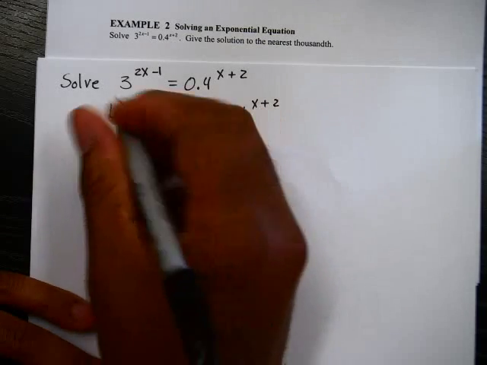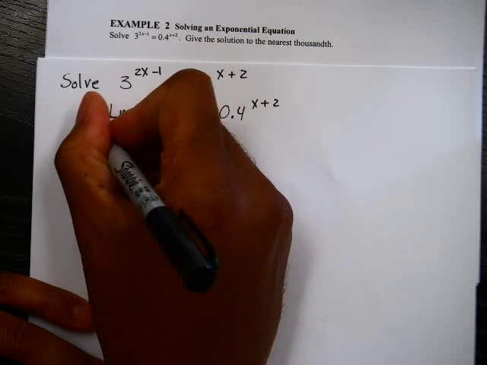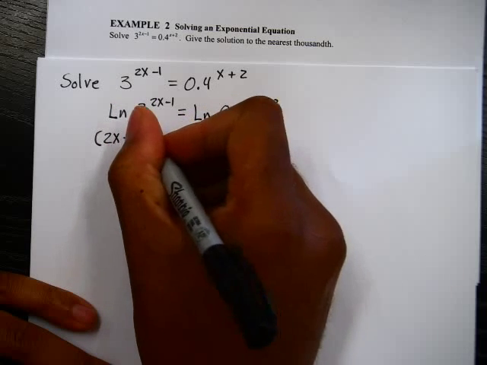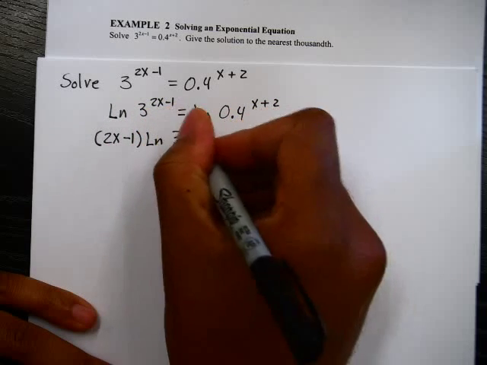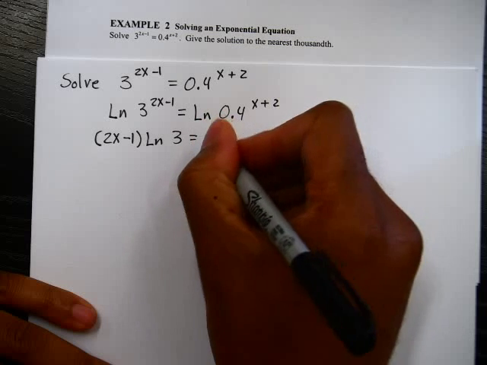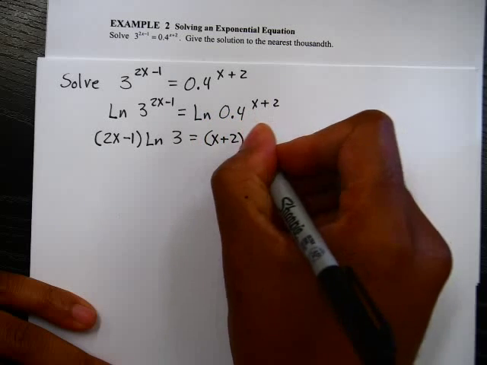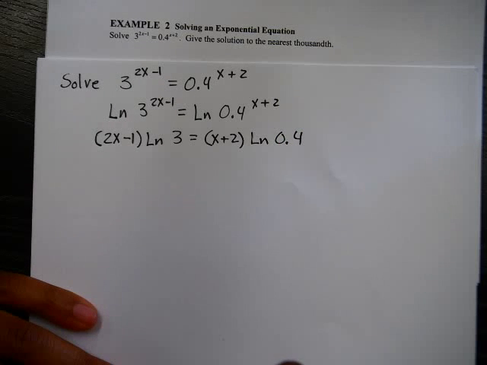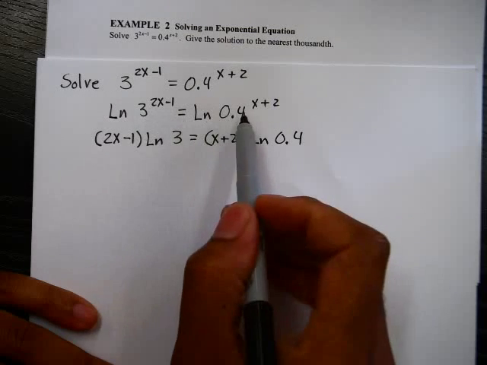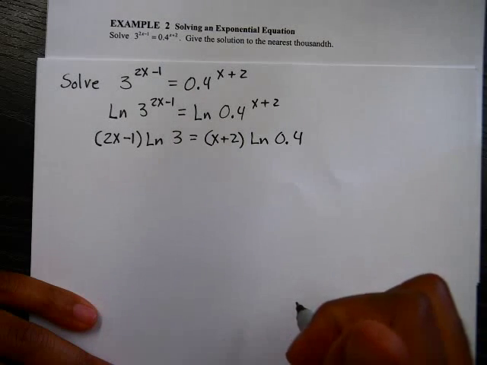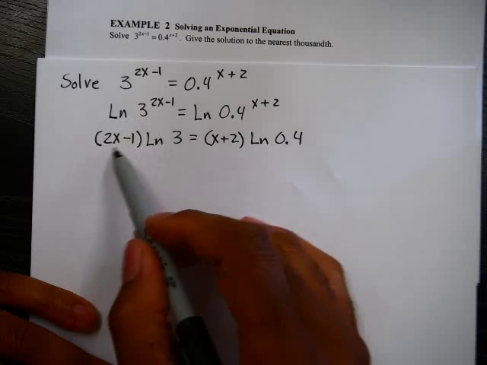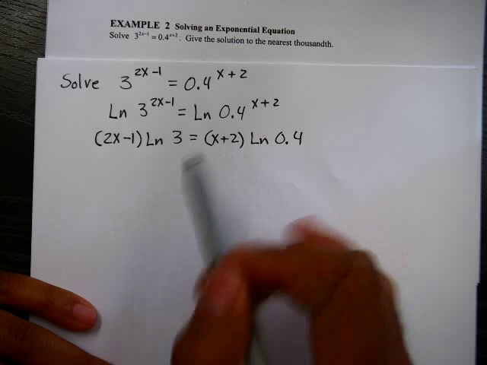So in essence, this is 2x minus 1 times the ln of 3 equals x plus 2 times the ln of 0.4. And remember, that step is the power property for logarithms. And I put it in parentheses because there's more than one term in each one of those exponents.